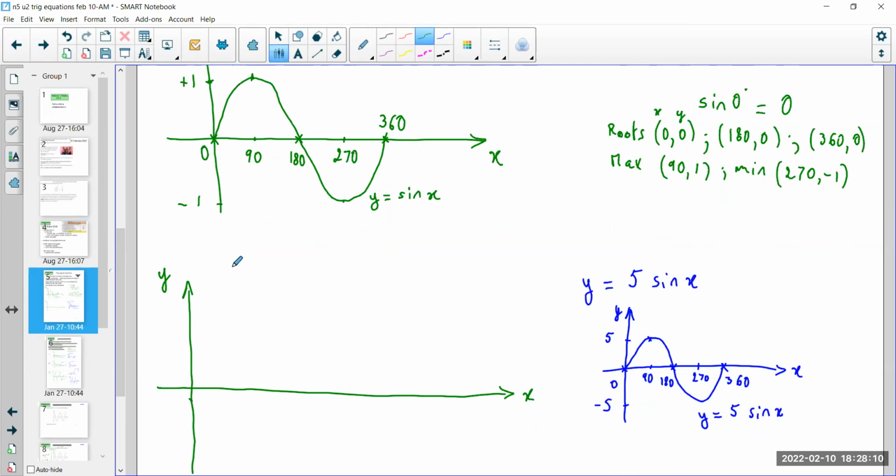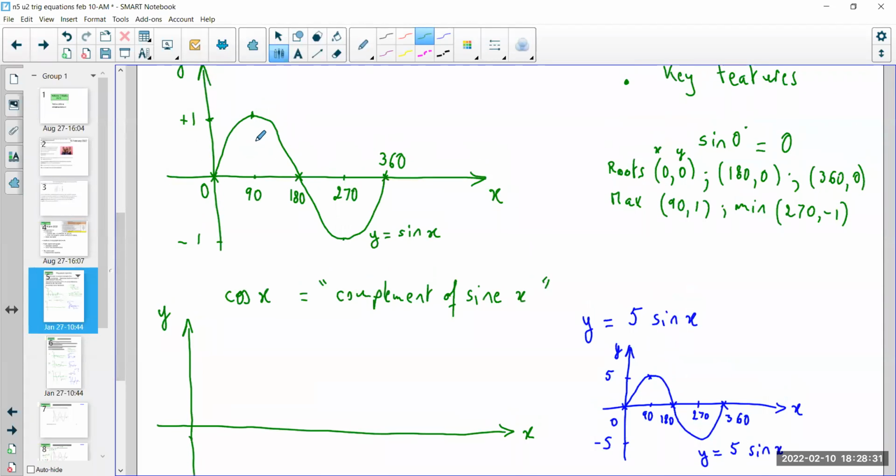So when someone tells you cos of x, what they mean is the complement of sine x. That's what it stands for. Which means if you can draw sine x, you should be able to draw cosine x.